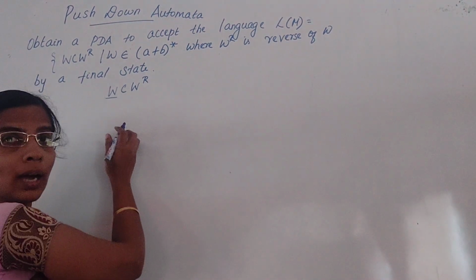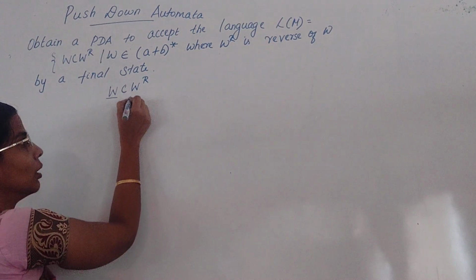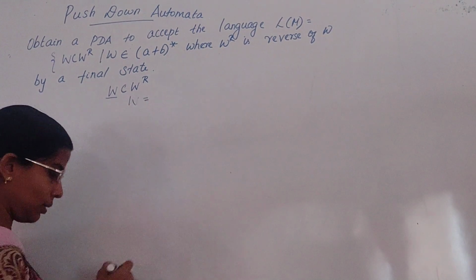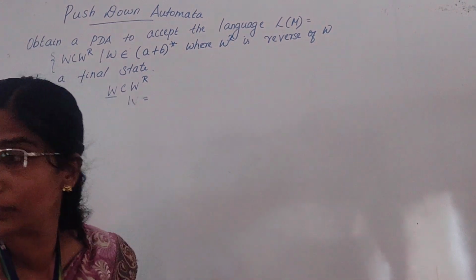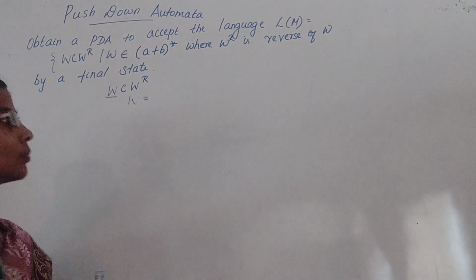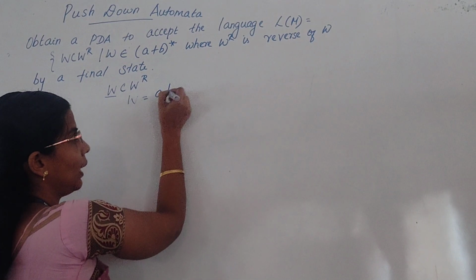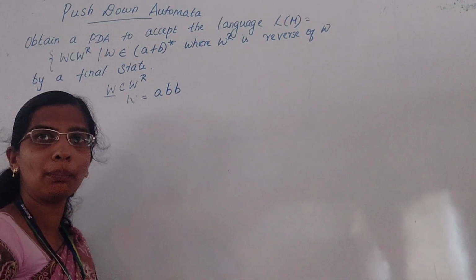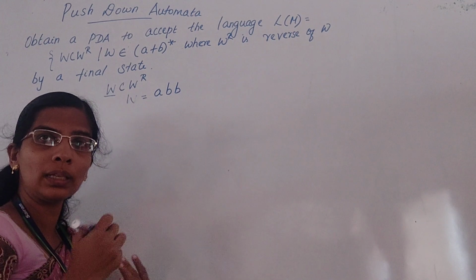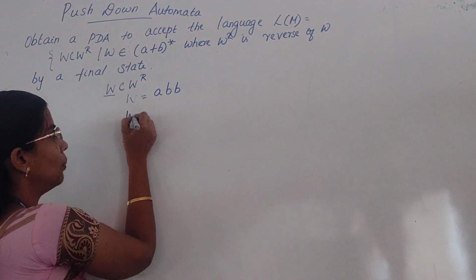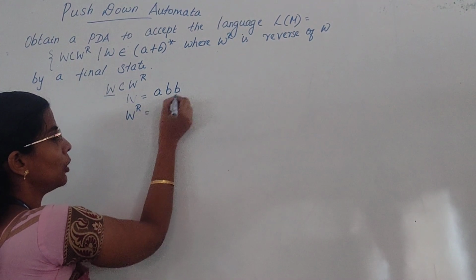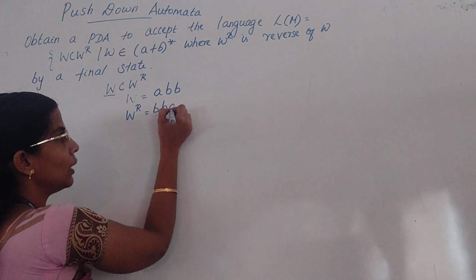Here you can take any string W. I'll take ABB. If W is ABB, what is the reverse of this W? W^R is nothing but BBA.